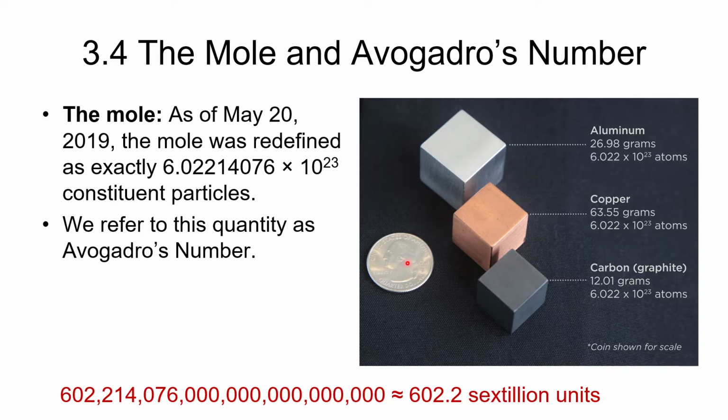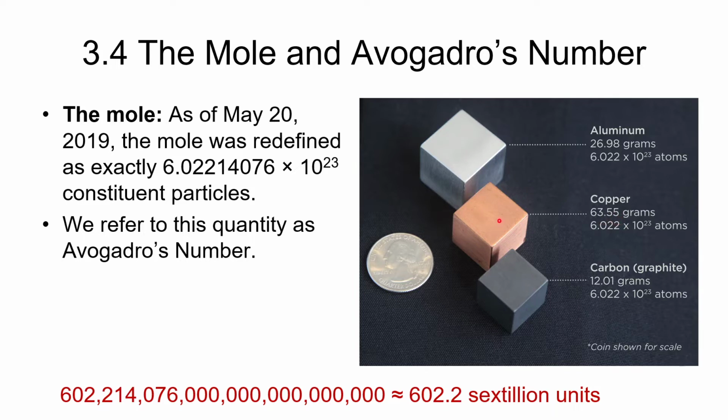So here is an American quarter for scale, and then here we've got 12 grams of carbon graphite that's been pressed into a cube at 12.01 grams. So there we go, 12.01 grams, and you'll see that 6.022 times 10 to the 23rd carbon atoms are present in there.